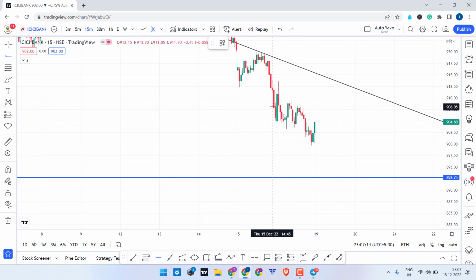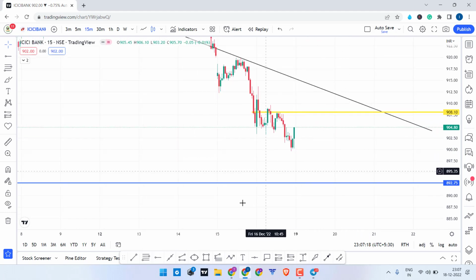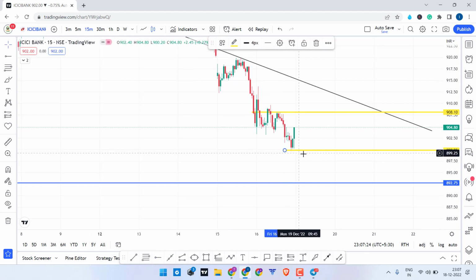This swing high is going to be my stop loss. Okay, as soon as tomorrow, if ICICI Bank breaks this particular low, I will take a trade up to this blue line, because this blue line is an important support we have drawn from our daily time frame.